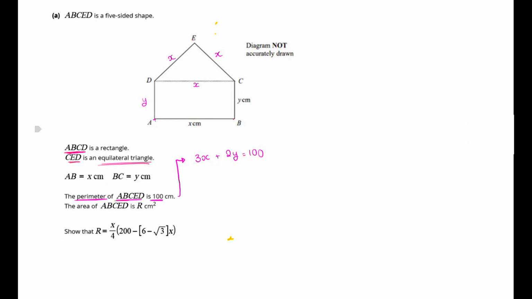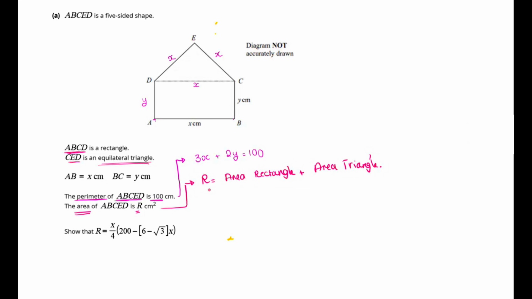Now, the next piece of information that they give us is that the whole area, so the area of ABCED, so the whole thing equals R. So let's just write that over here. So R is equal to the area of the rectangle plus the area of the triangle.